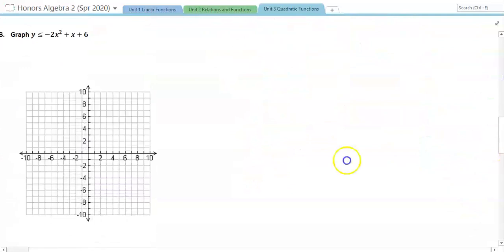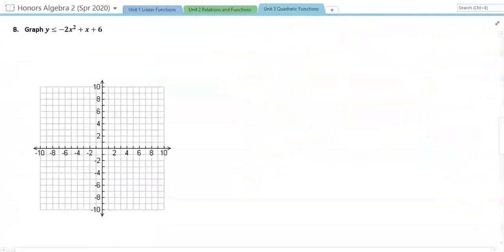Okay, so let's look at example B here. We're going to graph this one up, and so again, we'll find our axis of symmetry first. Now, again, we could go to other methods, right? We could factor this. If you want to factor this, we go to negative 12, because that's a times c, and then we got positive 1 for here. So what are two numbers that are going to multiply to negative 12, but add to positive 1?